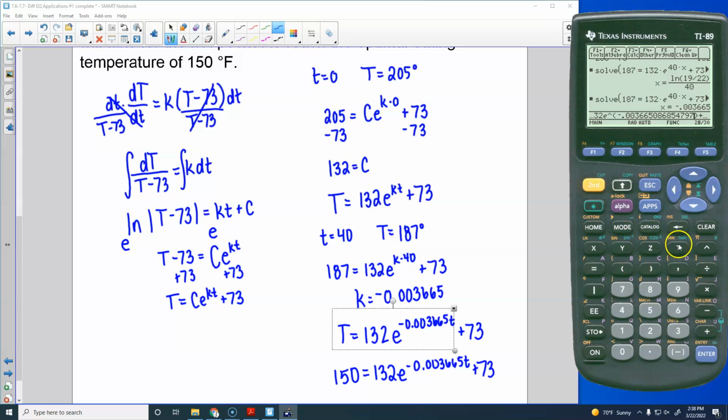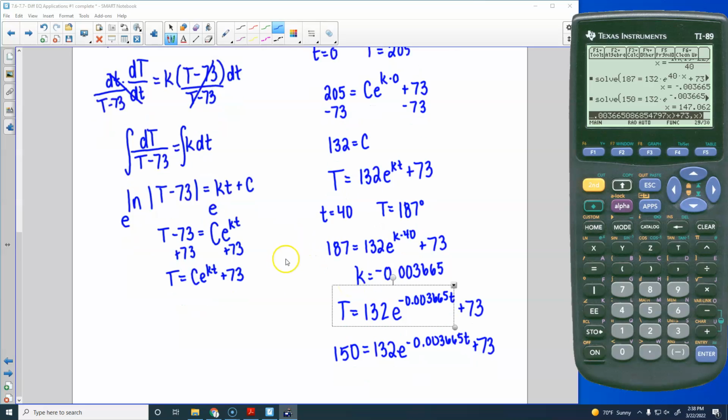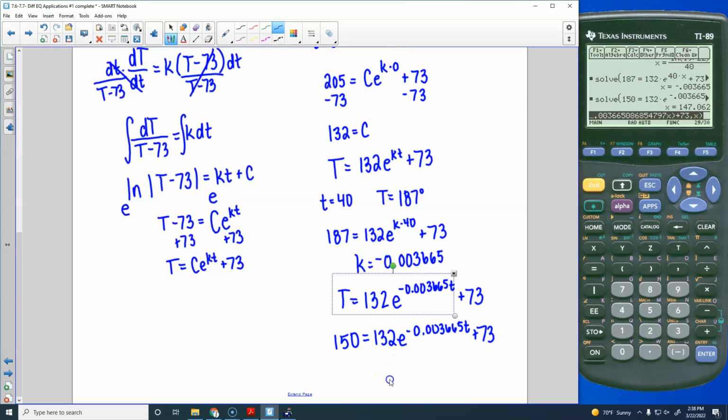And that needs to be, you could use a t, I'm going to use an x. And so I get 147.062 seconds.